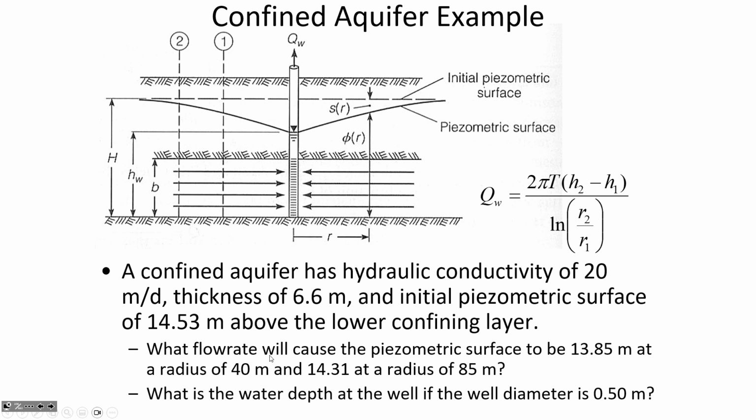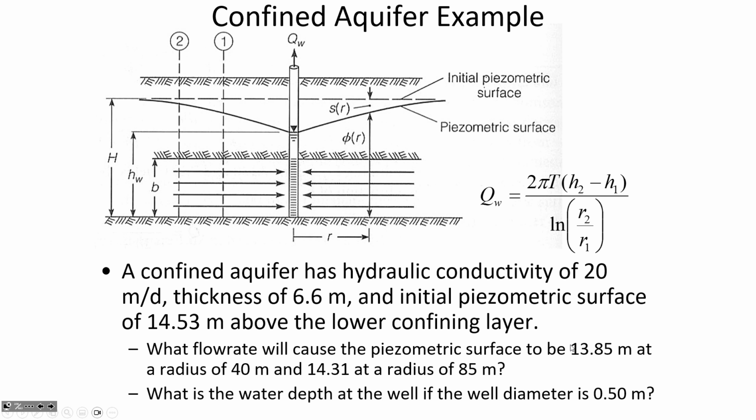All right, what flow rate will cause the piezometric surface to be at 13.85 meters at a radius of 40 and at 14.31 meters at a radius of 85 meters? Okay, so what we've been given in both of these locations is H. Sometimes in problems like this, they'll tell you the drawdown.